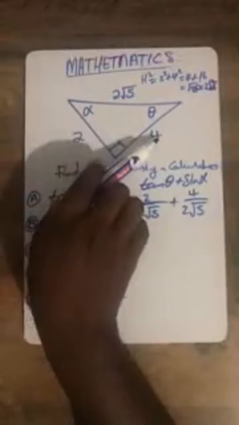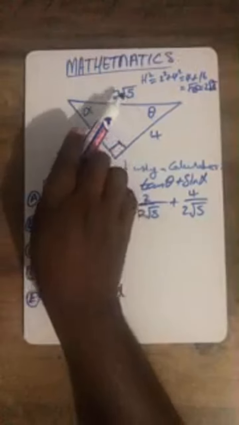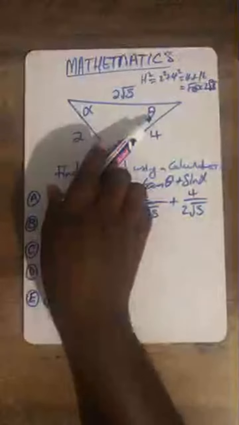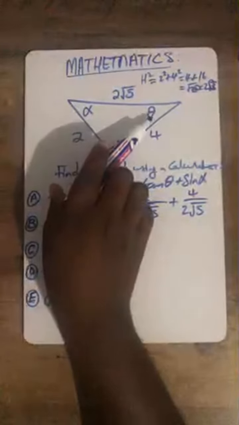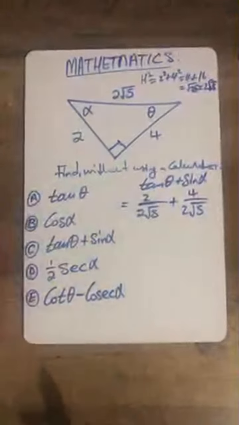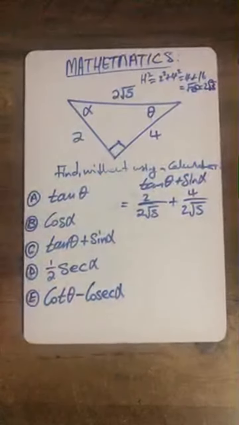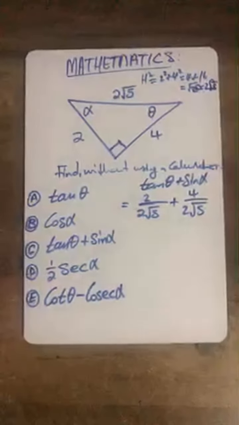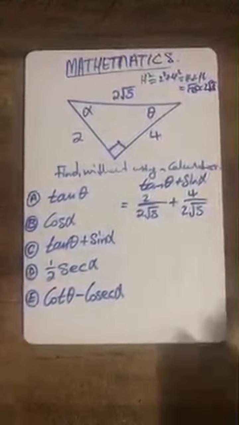So you need to check what the opposite is for that angle. It is 4. The hypotenuse remains. So when you talk about a theta, you check what is the opposite of that, which is that one. This is just a confusing game, honorable members, but otherwise, anything else is okay.